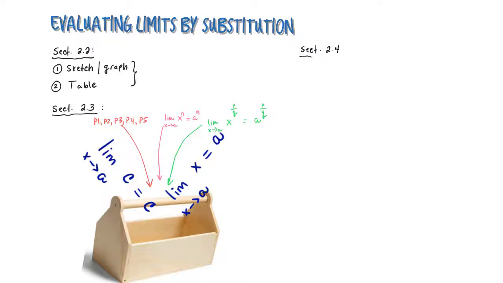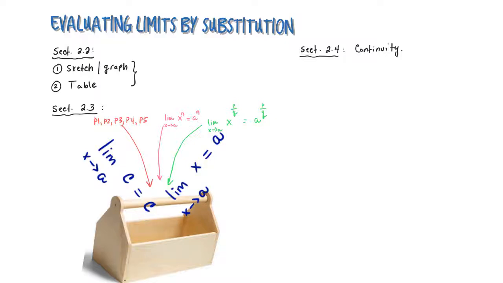And section 2.4 is all about continuity. And the thing is that continuity will make the process of finding limits even easier, more efficient, less writing. If you remember the definition of continuity, probably by now you're bored of that definition.